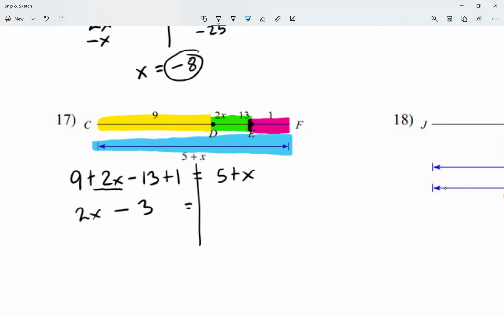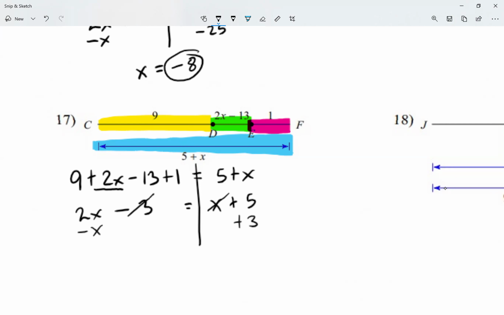On the right side, let me write this as x plus 5. 5 plus x is the same thing, but I tend to write letters first and then numbers. Remember when I combine letters, let me move this x to the left, minus x, and this minus 3, let me move it to the right as a plus 3.